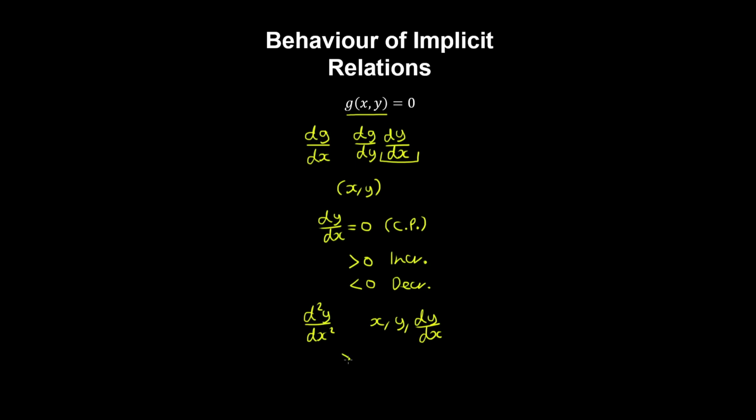If it's greater than 0, then the behavior at the specified point is concave up, or we have a local minimum. If the second derivative is less than 0, we have concave down and a local maximum. And if the second derivative is 0, we have an inflection point. Now we'll cover some worked examples.